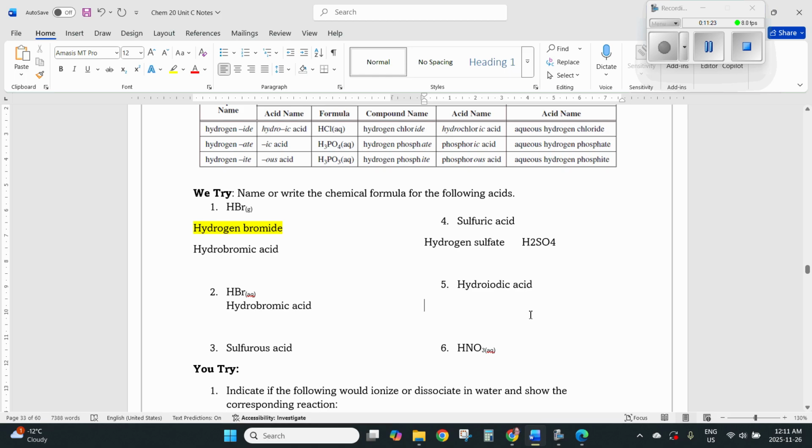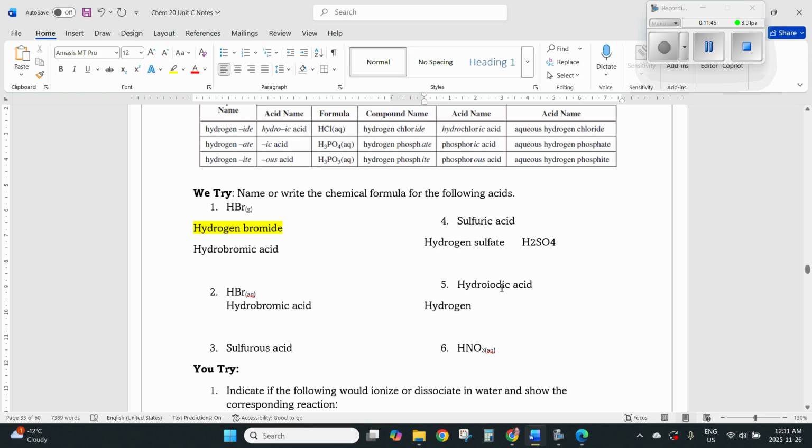Okay, number 5 says hydroiodic acid. People say this hydroiodic acid. So hydro is that number 1. Hydro changes to hydrogen. I put a space, and then my ic acid changes to ide.